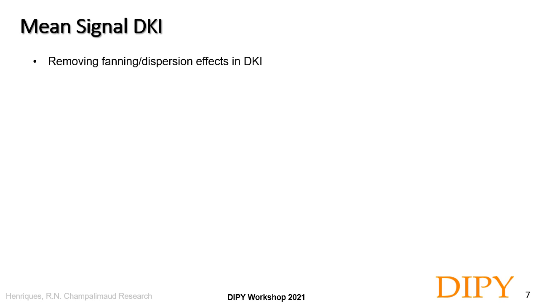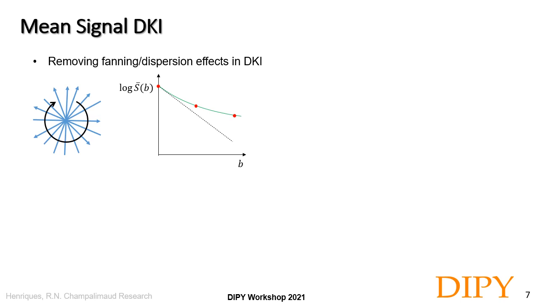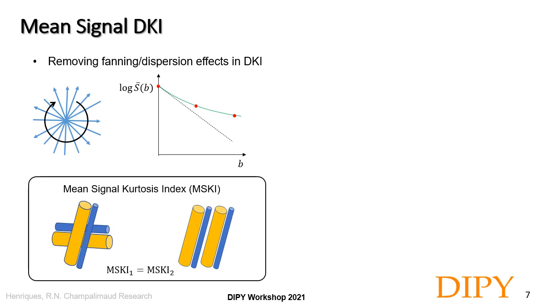Another advantage of DKI is that since it captures the non-Gaussian information from multiple B values, this can also be used to extract information from average signals. For example, if we average the directional information at each B value and estimate the deviation from the linear decay of these average signals, we can obtain an index that is completely independent of the orientation or the presence of fanning or crossing fibers.